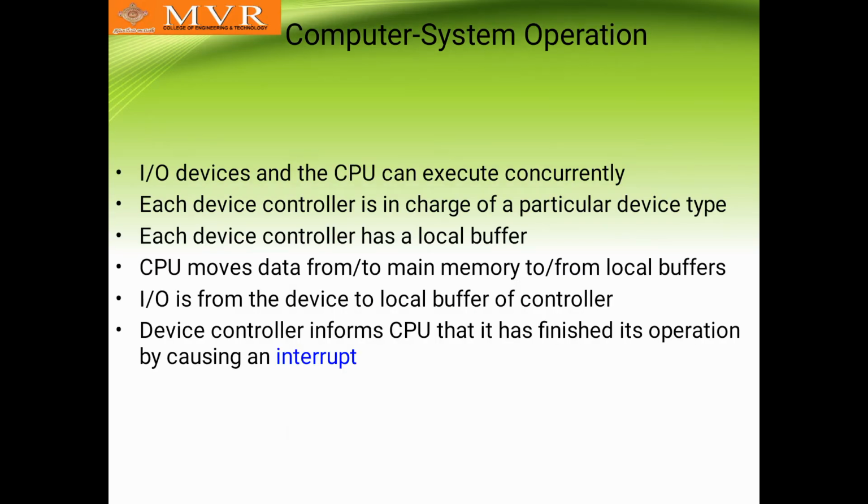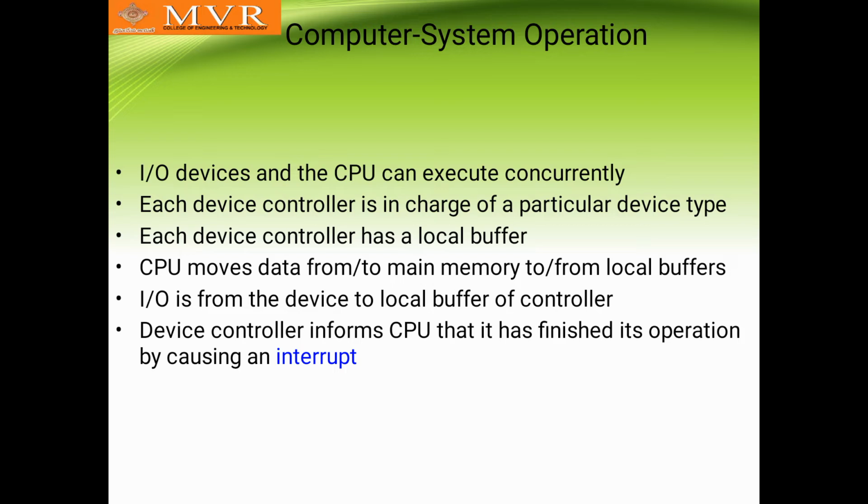Computer system operation: I/O devices and the CPU can execute concurrently. Each device controller is in charge of a particular device type and has a local buffer, which is nothing but temporary storage.